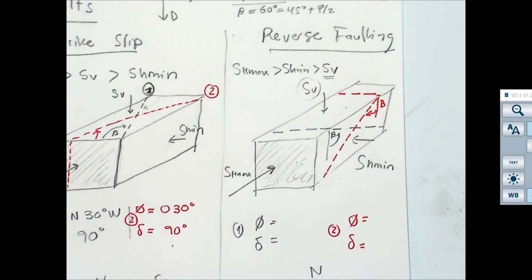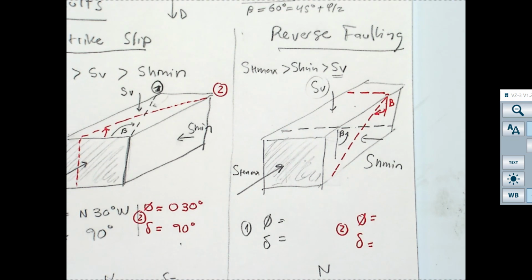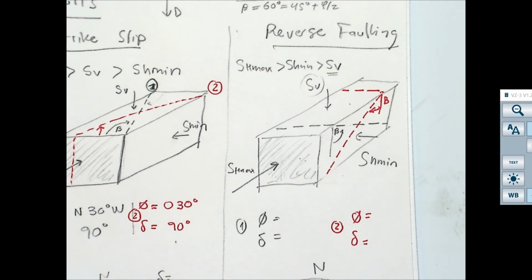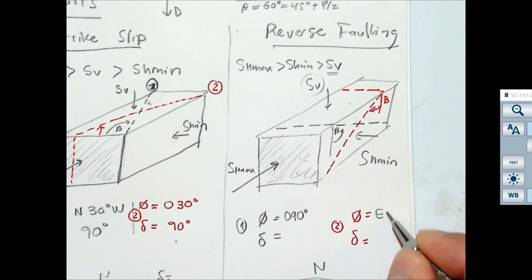Okay, so easy question. What is the strike of these two planes? 90, okay. Or I could also say, let's say east-west.